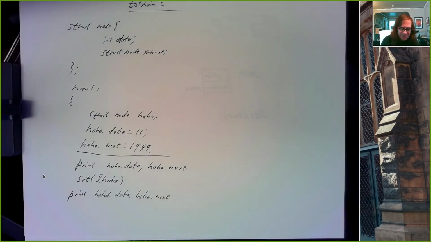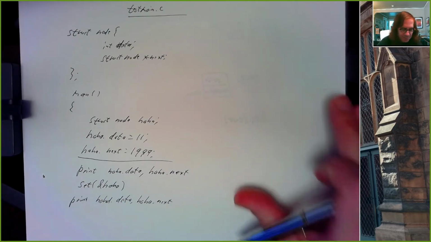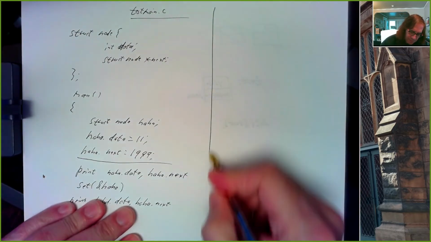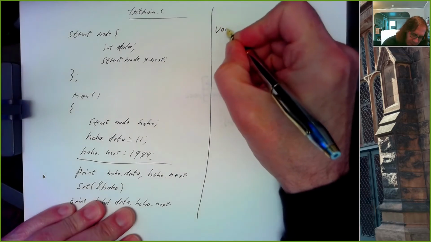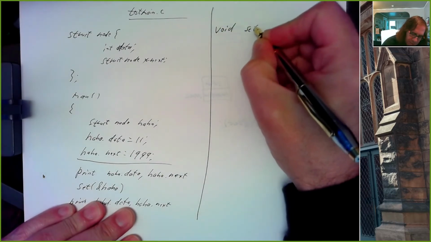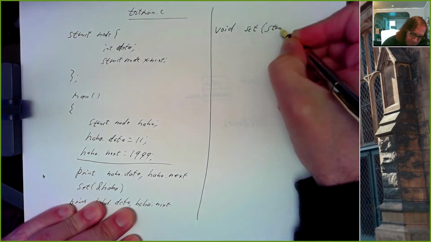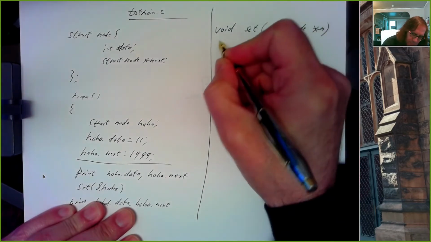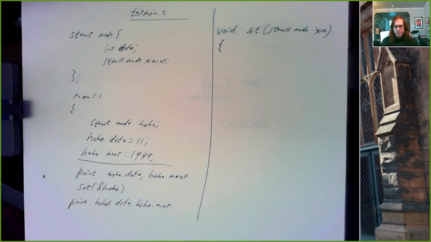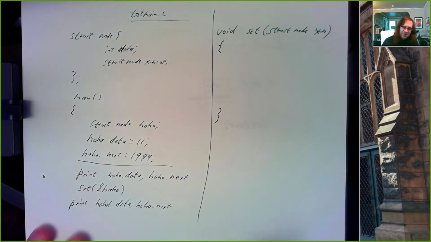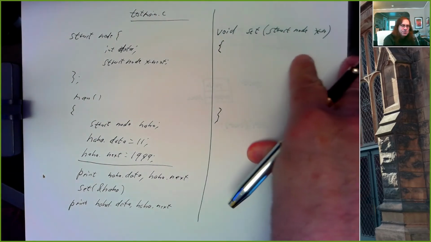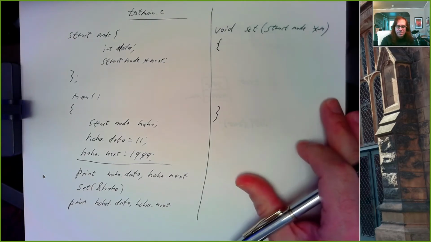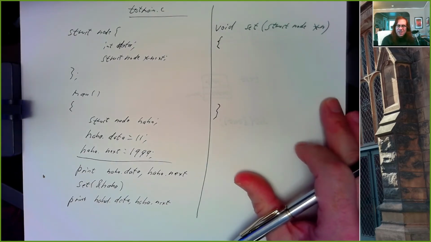All right, so what does our set function look like? It doesn't return anything. In here, we're calling set with a pointer to a struct node, which means n is not a node.